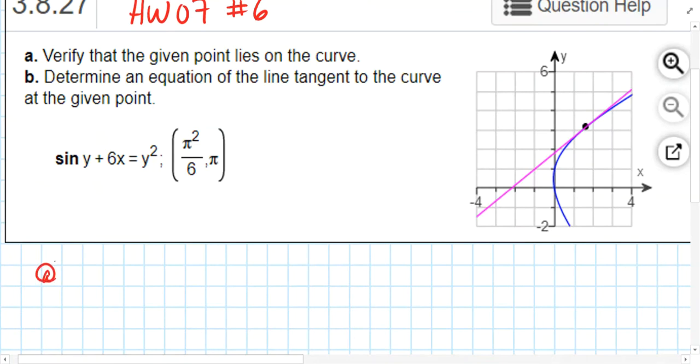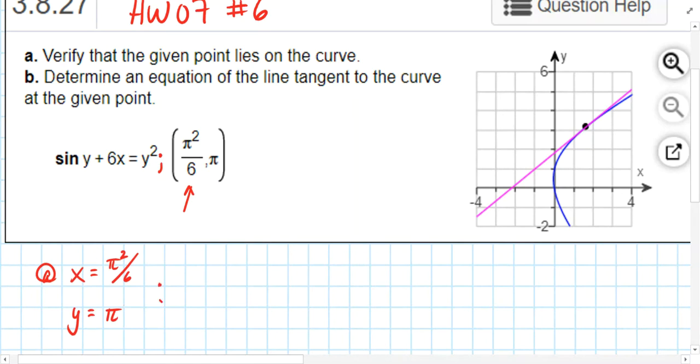So for question A, let's remind ourselves that when we have a coordinate, this coordinate is separate from the equation because of the semicolon. This coordinate is implying that x is equal to pi squared over 6, and that y is equal to the value pi.